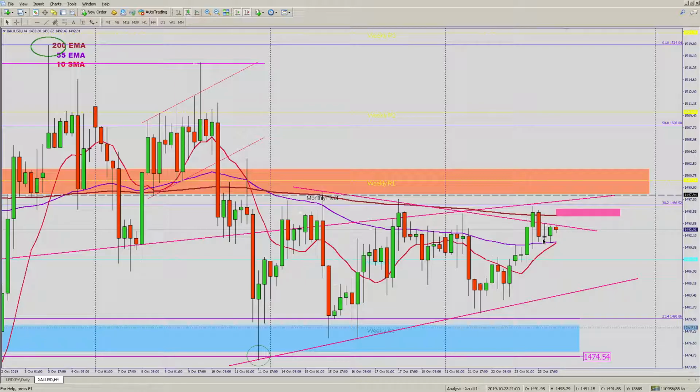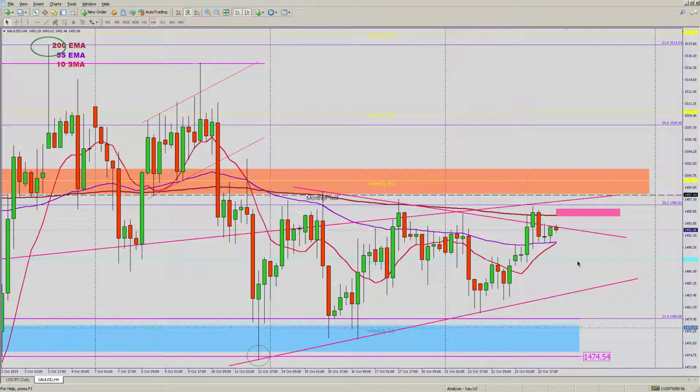Since then it has pulled back down to the 55 period EMA, and now it's constrained within the upper trend line of the triangle. We'll see if that will be broken eventually, as well as the 200 period EMA above that.